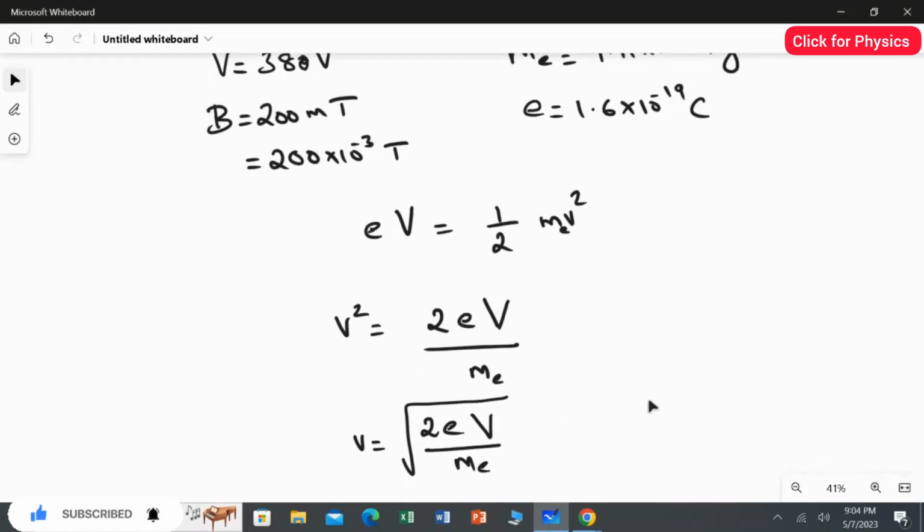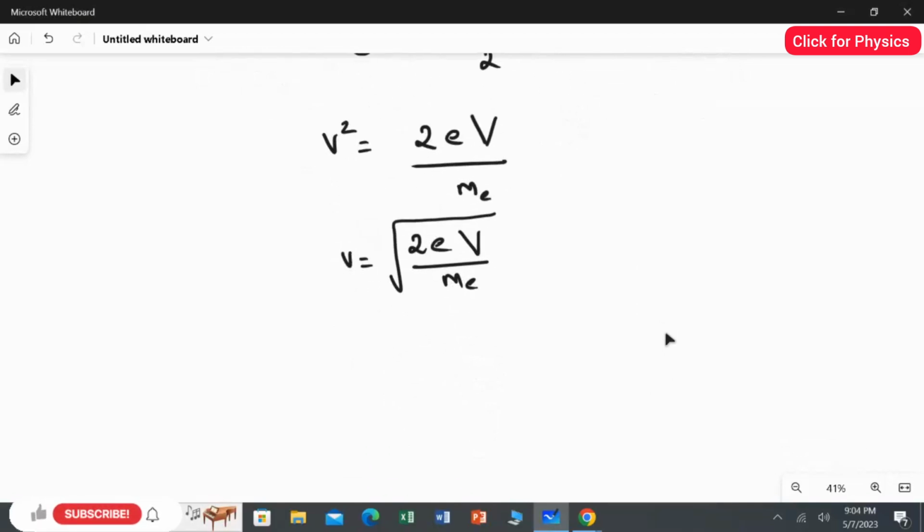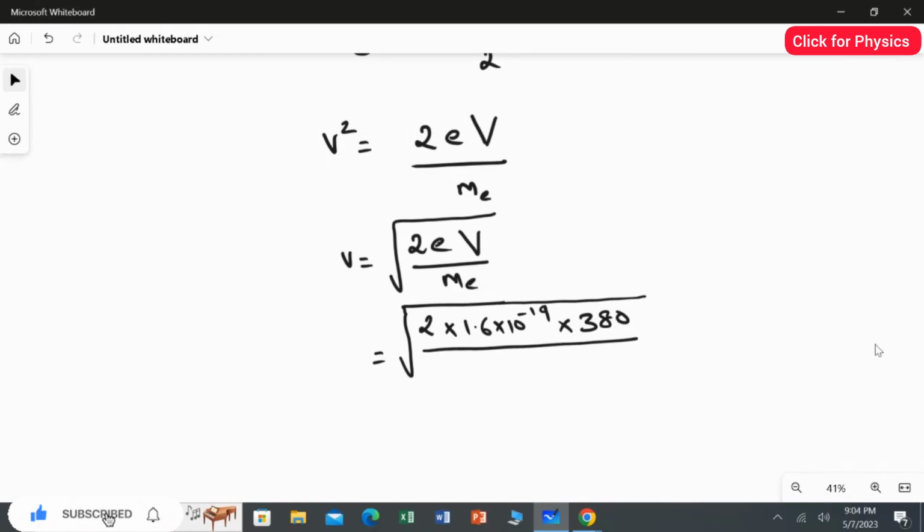Now I'm going to substitute the values. 2 multiplied by the magnitude of the charge, 1.6 multiply 10 power minus 19, and the voltage we are giving is 380 volt, divided by the mass of the electron, 9.11 multiplied 10 power minus 31 kilogram.